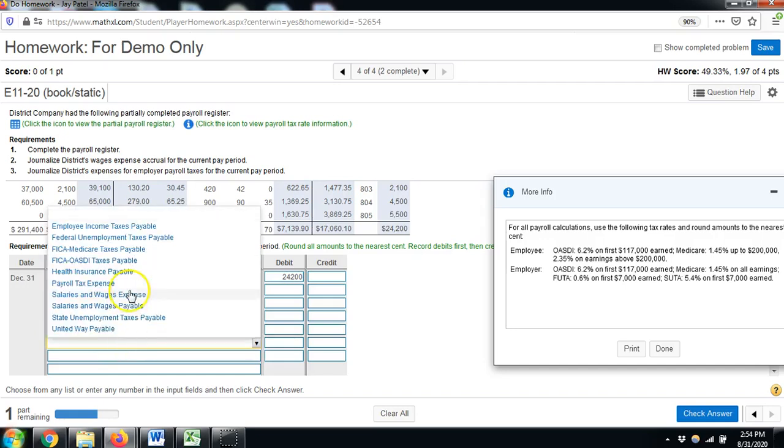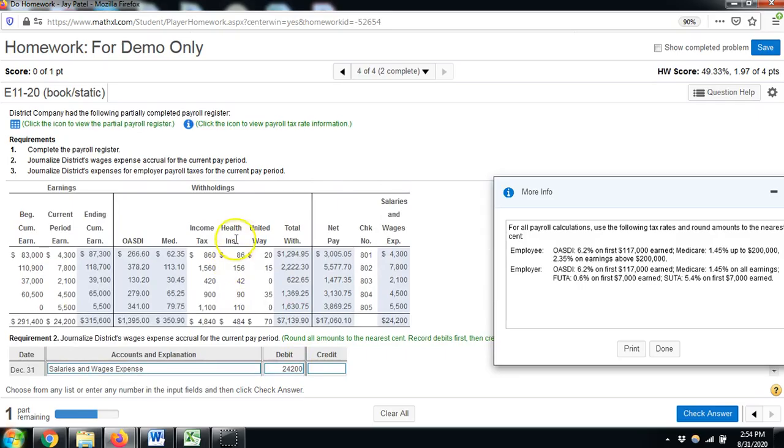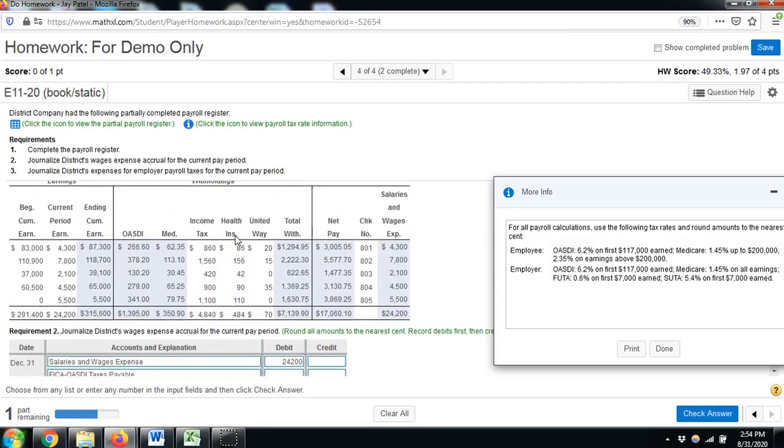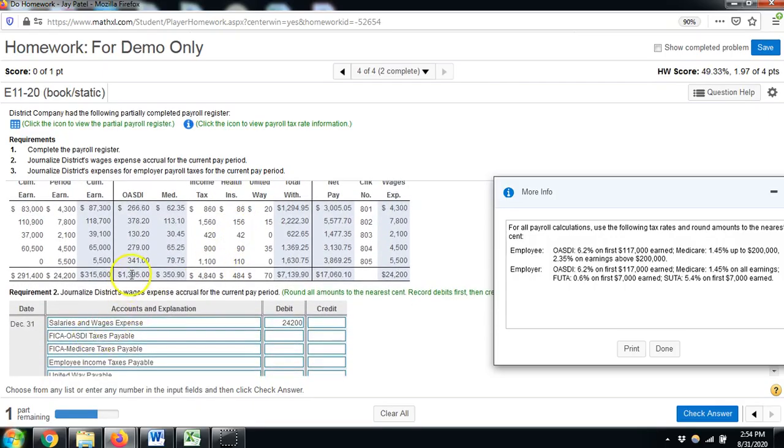United Way, health insurance, and let's see what else. United Way, health insurance, income tax, Medicare, and OASDI. So I think we have everything covered for the withholdings. So let's just fill in the numbers. For OASDI, I get it from here. Medicare is this number. And I'm just going to fill in the rest.